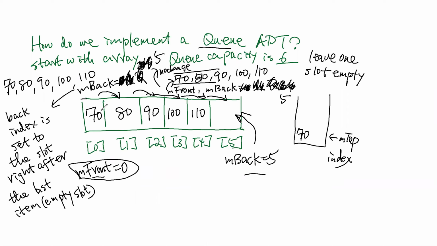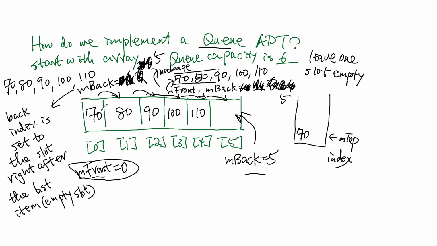Do you hear me right now? Okay, so my question is, we have an index M front equal to 0, but since it's an array list where everything starts with 0, why do we need to index that thing?